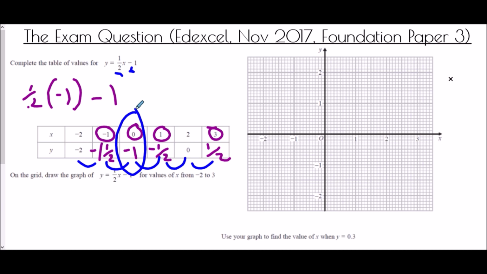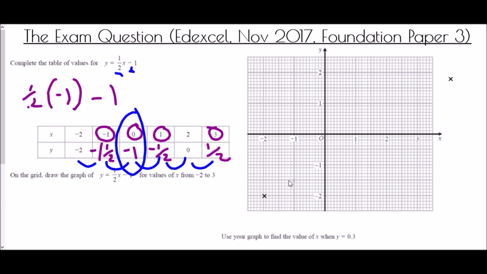It does also suggest, as the second part of the question, that we should then draw the graph. And so that's what we're going to do. We're going to take each of the points that we've just calculated and place a point on the graph. So this is -2, -2. It is -1, -1 and a half.